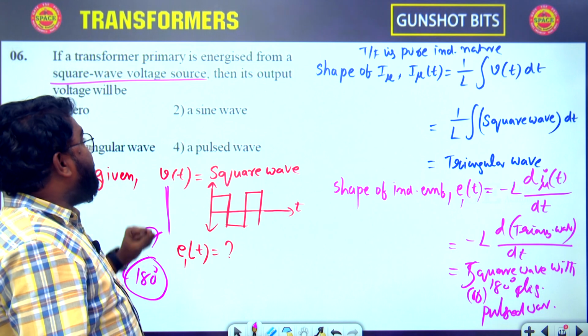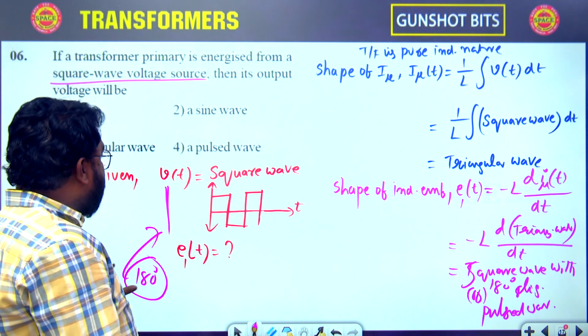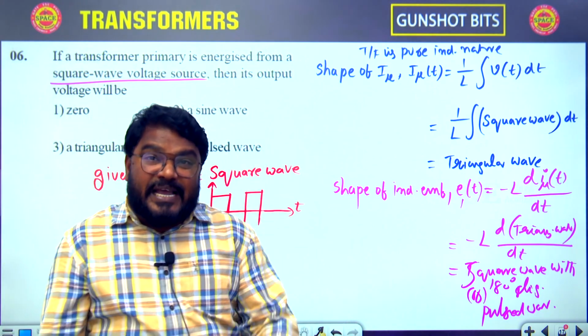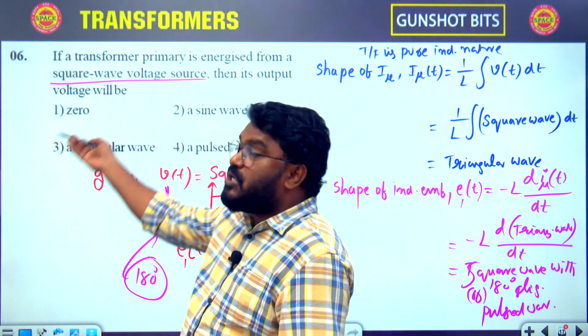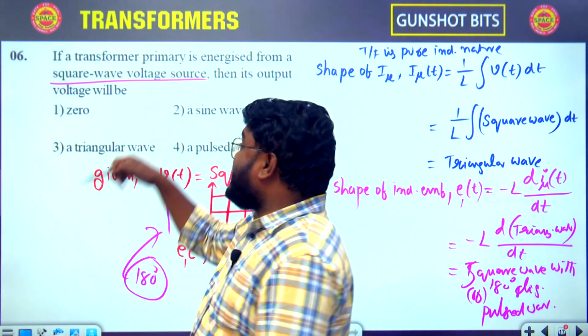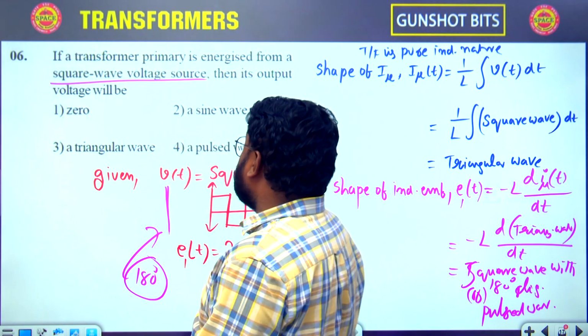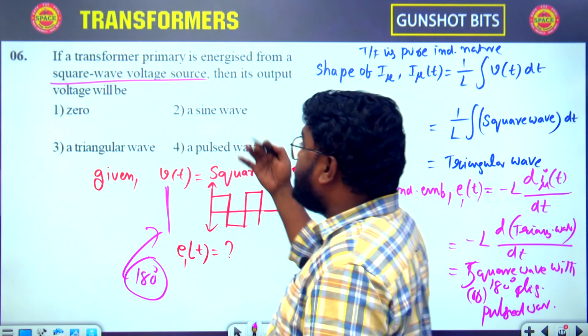If it is excited with a triangular wave current source, the shape of the induced EMF is a square wave or pulsed wave. If it is excited with a DC supply, we get zero induced EMF. If it is excited with a sinusoidal wave, we get a sinusoidal induced EMF. These are the different types of questions based on this concept.